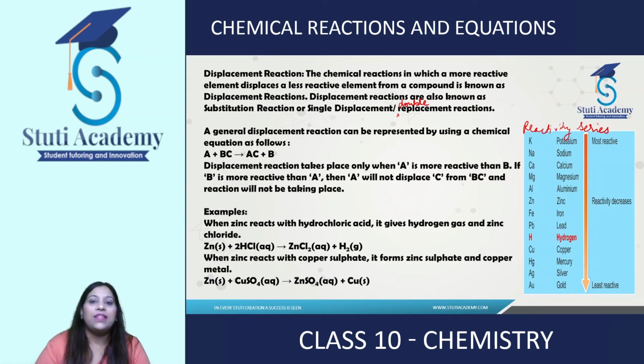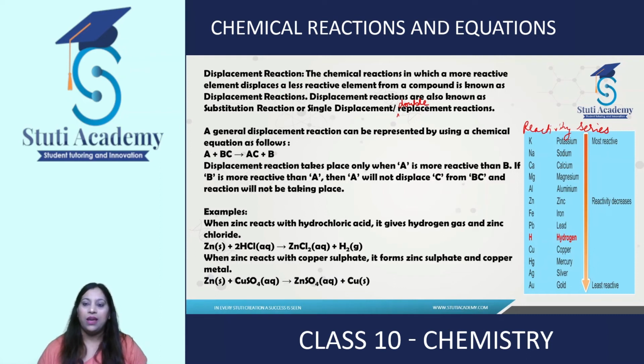Another reaction is displacement reaction. The displacement reaction is that kind of reaction in which one element displaces another one. And here, the element which displaces the other substance is the more reactive one. And it is based on this reactivity series.